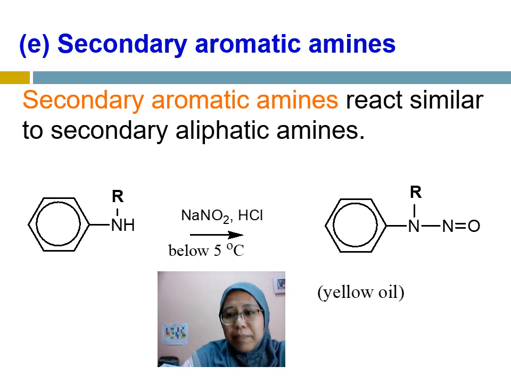Secondary aromatic amine, when it reacts with HONO, it's going to form nitrosamine as well. Basically, this is the same observation and product as the ones that we had for secondary aliphatic amine. It's going to form nitrosamine, and the observation would be yellow oil produced.